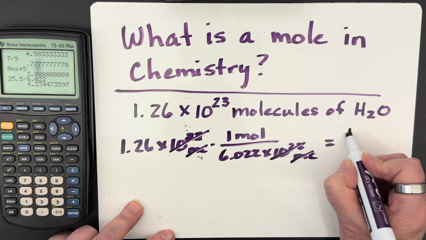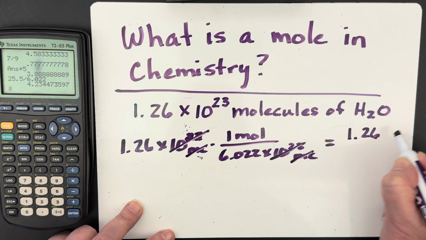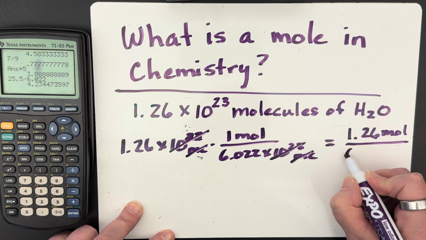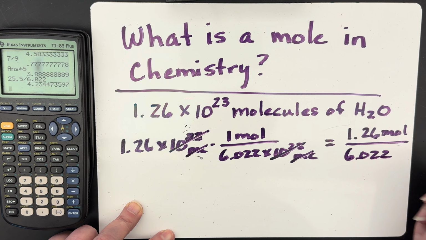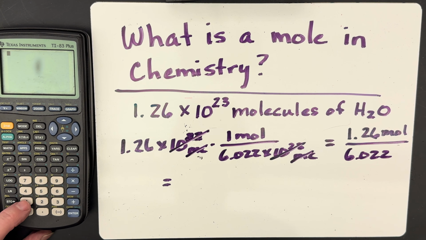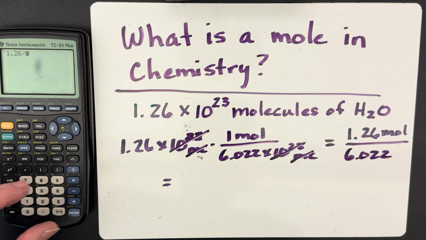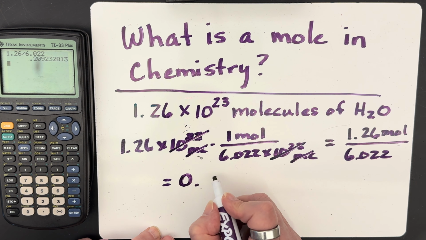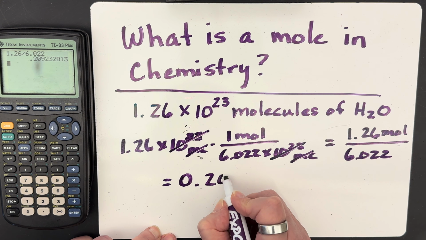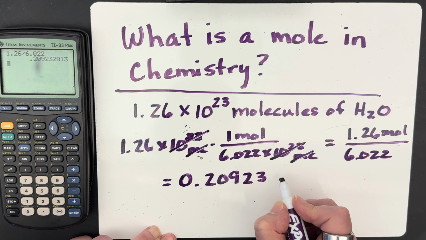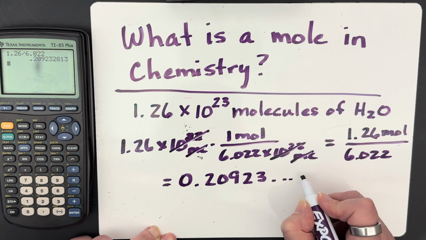So we end up with 1.26 moles divided by 6.022, and that equals 1.26 divided by 6.022, 0.20923, etc.